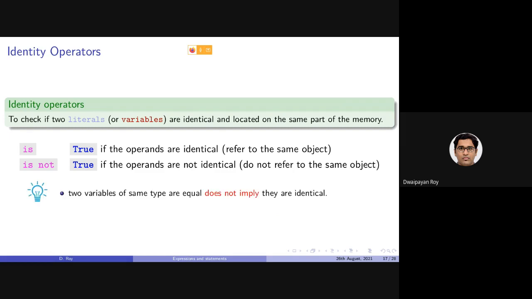Here is one thing, although it will be a little confusing for all of you, I would still like to mention: two variables of the same type containing equal values does not imply that they are identical, using this identity operator.